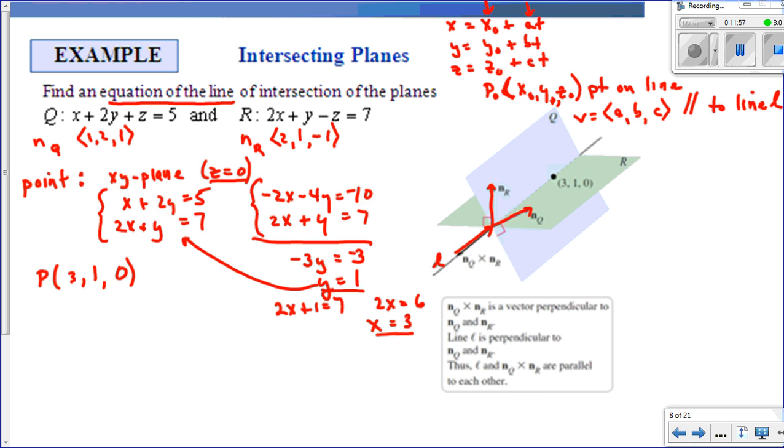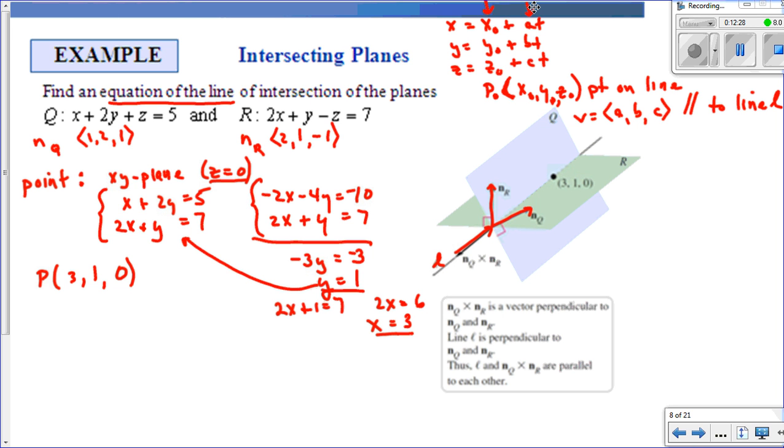So any vector in R will be orthogonal to NR, and any vector in Q will be orthogonal to NQ. So that means that the line L, which is in both of the two planes, the vector coinciding with that line must be orthogonal to both n sub r and n sub q.